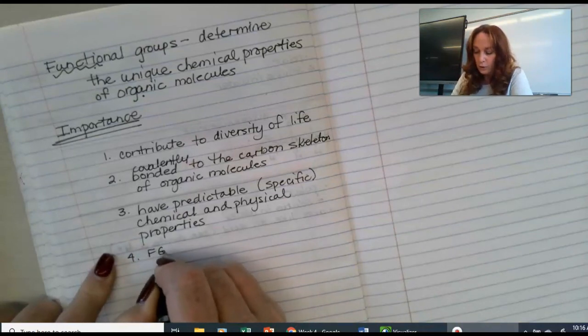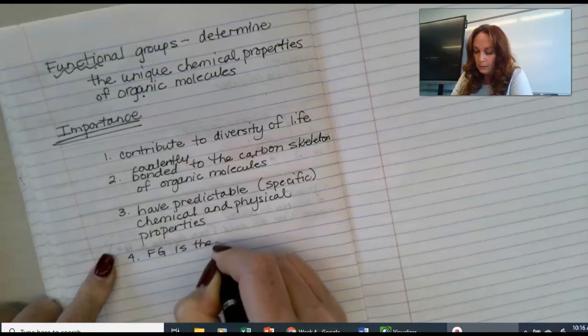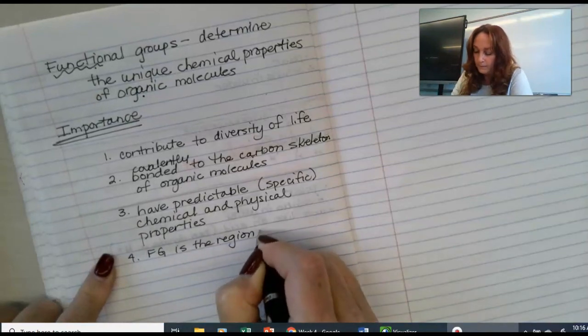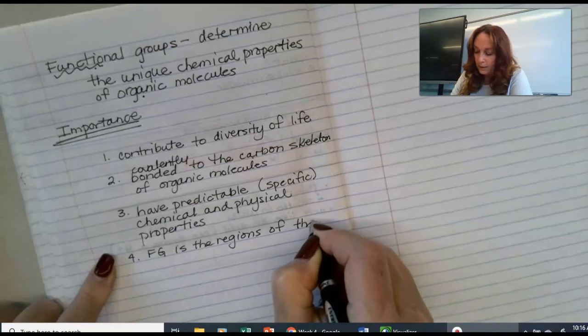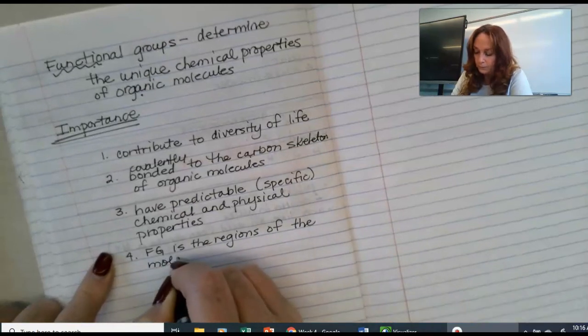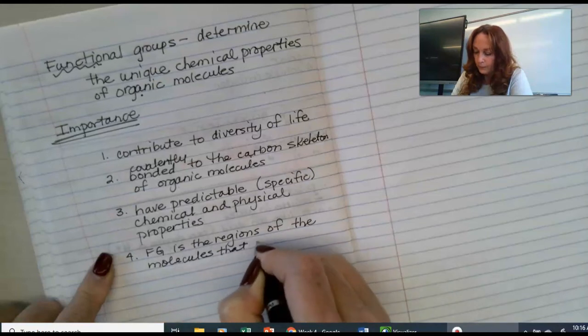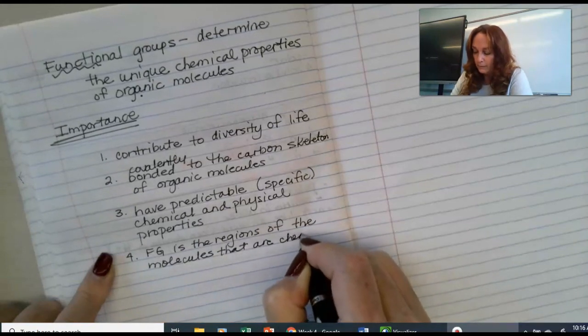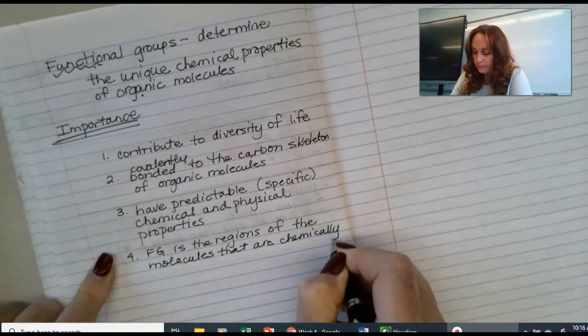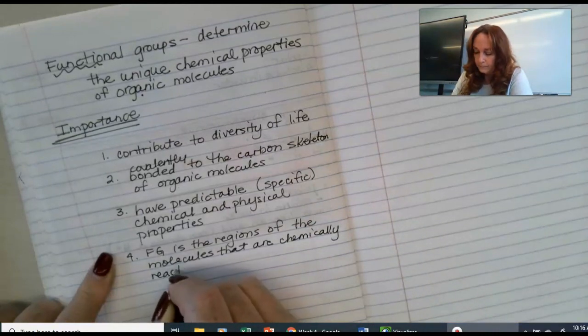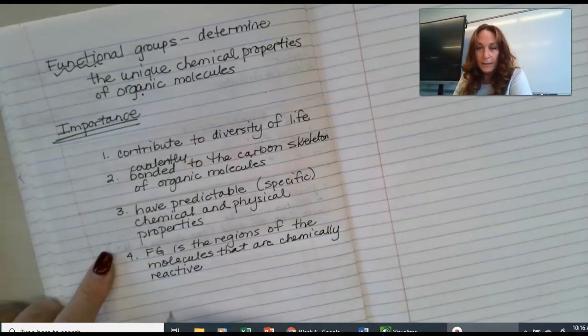So the functional group is the region of the entire molecule that is chemically reactive. So pay attention to those. That's where the stuff's happening.